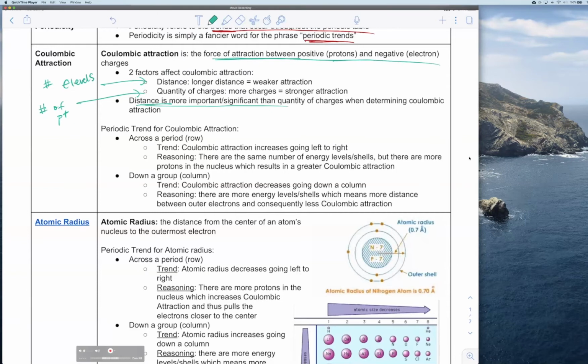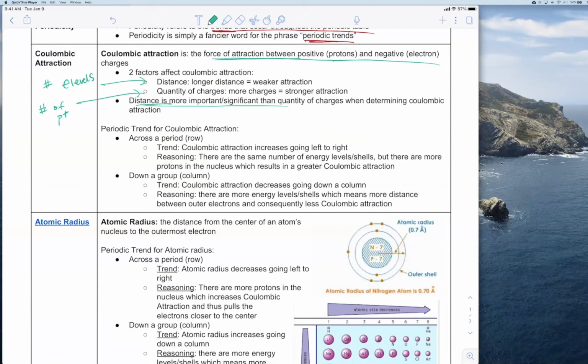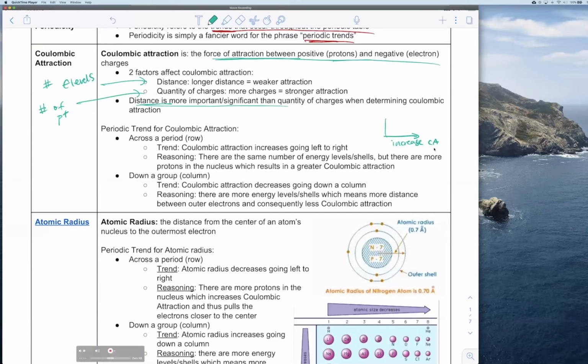Okay, so if you look at the trend for Coulombic attraction, it should increase as you go left to right because you're adding more protons.